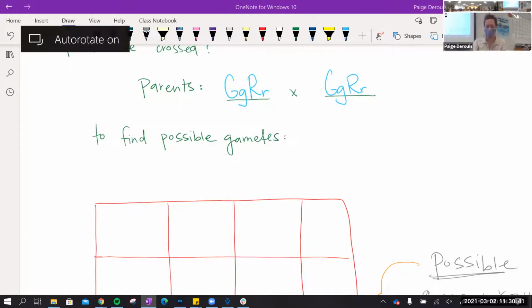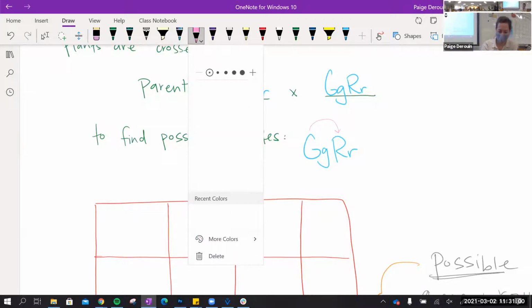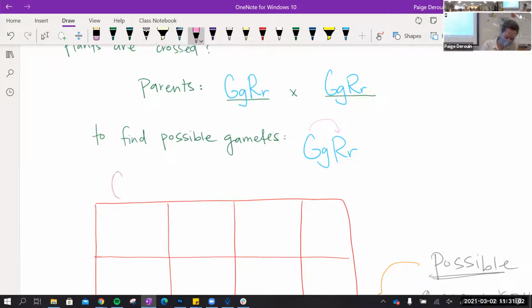You can take your genotype and use FOIL, which is first, outside, inside, last, spells FOIL. First would be big G, big R. I'm going to put that on my first square. Big G, big R, that's my first option.